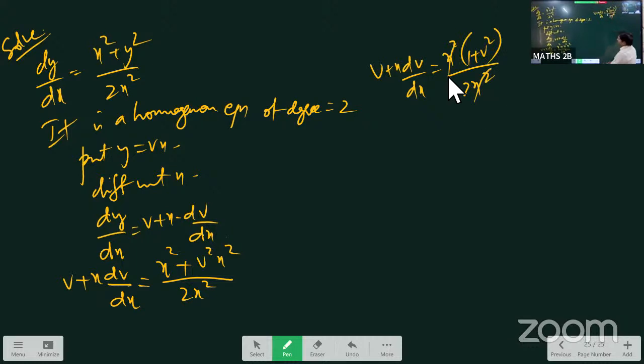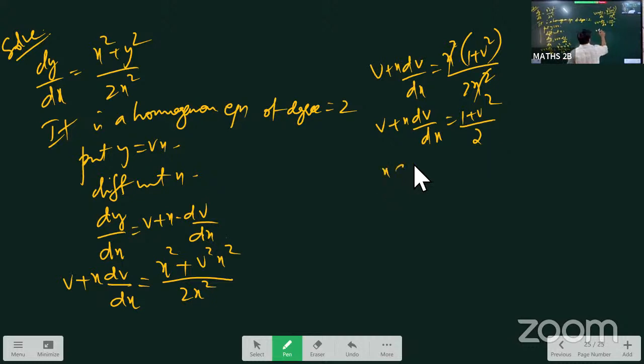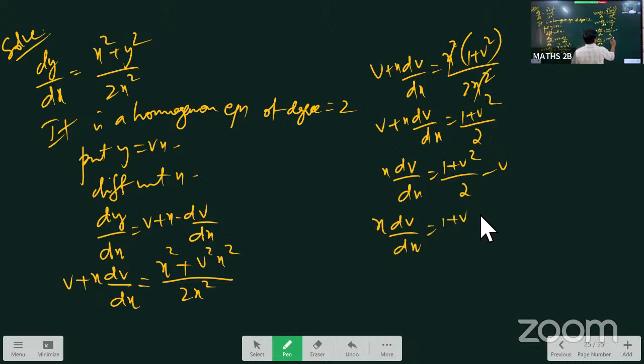X square gets cancelled. Means v plus x dv by dx equal to 1 plus v square by 2. That is x dv by dx equal to 1 plus v square by 2 minus v, so x dv by dx equal to 1 plus v square minus 2v by 2.